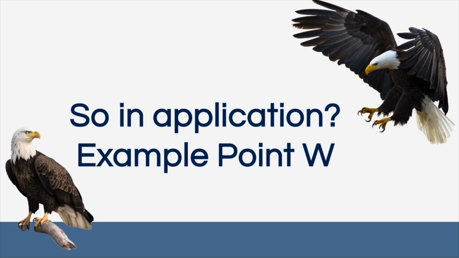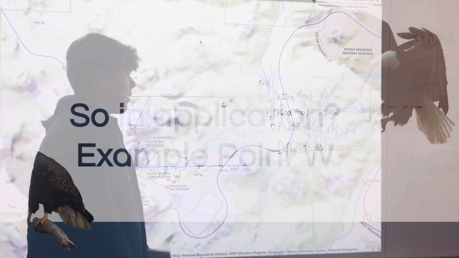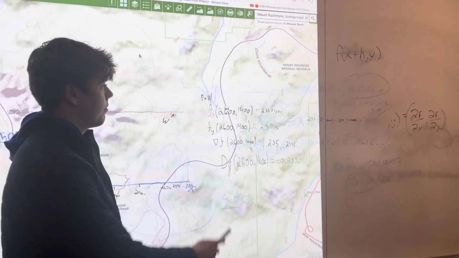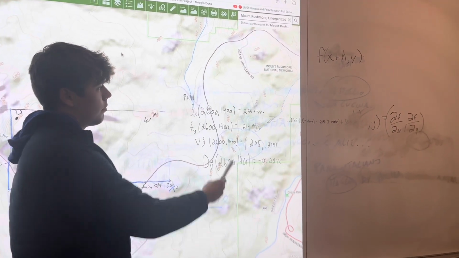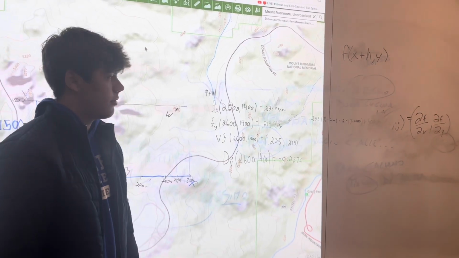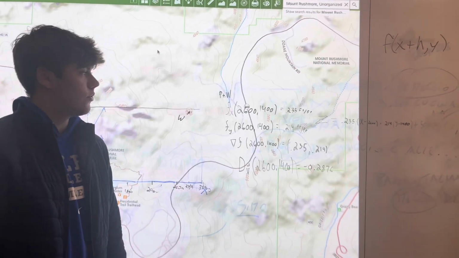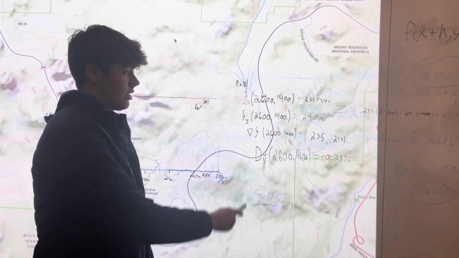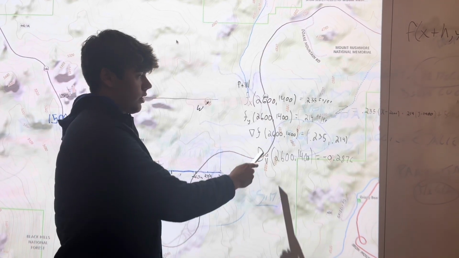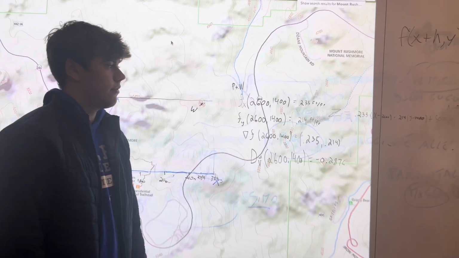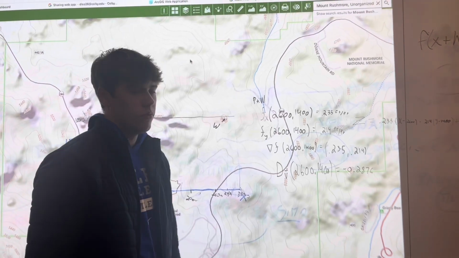So in application, what does this look like? Let's look at an example with point W. At point W, we found a partial x derivative of 0.235 feet per feet and a y partial derivative of 0.214 feet per feet, which means the gradient would be 0.235, 0.214.